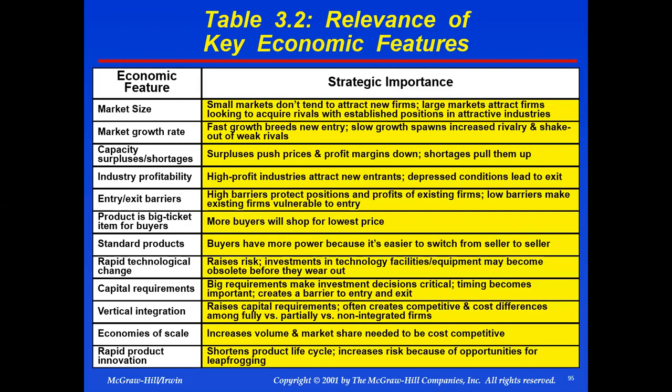Now, let's look at the further detail of the dominant economic factors. In terms of market size, we are focusing upon certain strategic importance factors, which include: small markets don't tend to attract new firms, and large markets attract firms looking to acquire rivals with established positions in an attractive industry.